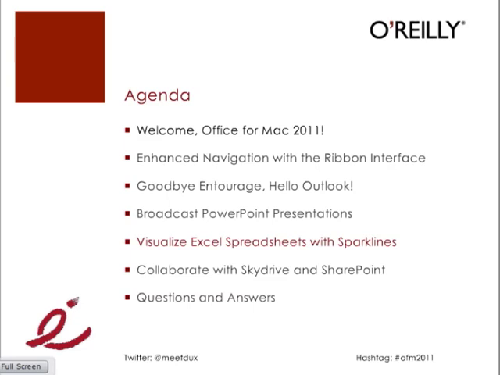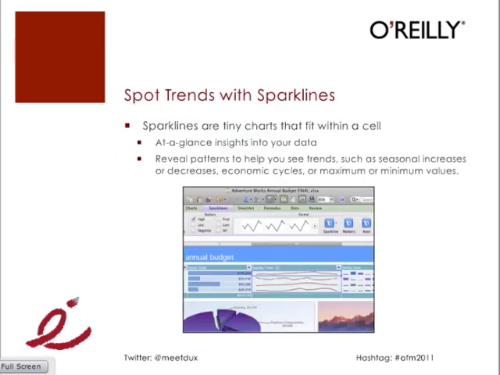Now let's move on to the next feature, why you might love Office for Mac 2011. This has a lot to do with data visualization. They have a new feature called Sparklines.